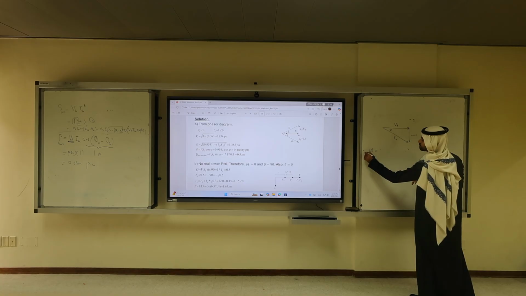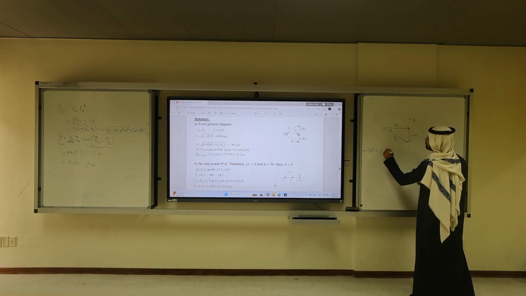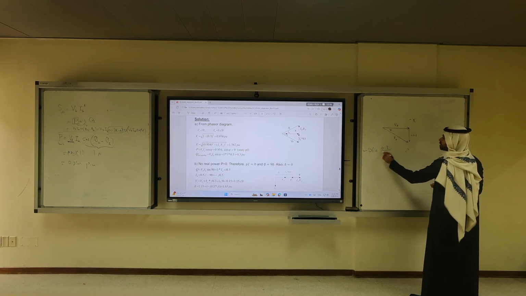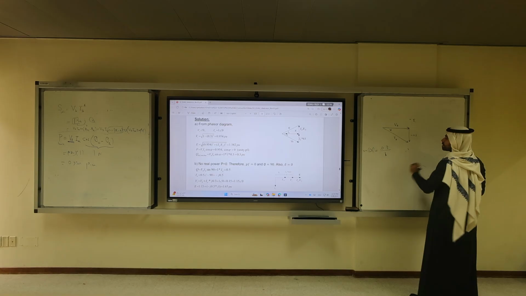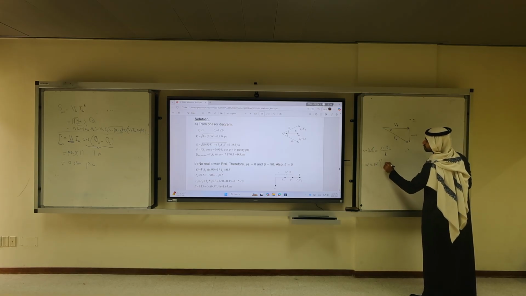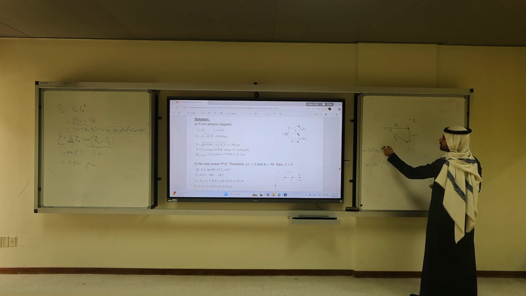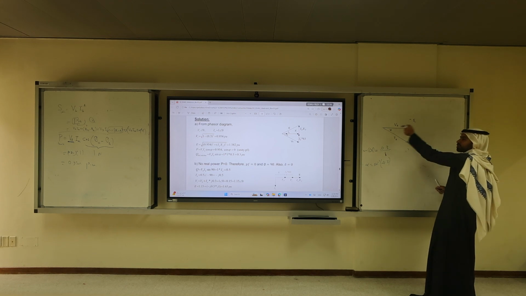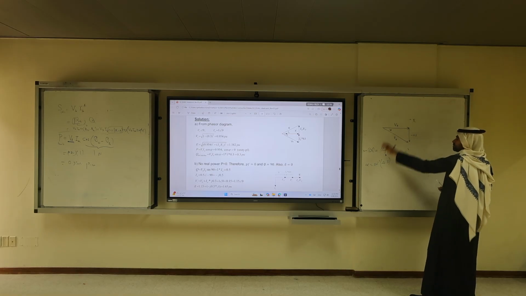What is sine of alpha? The opposite, which is 0.3 as a magnitude, over the hypotenuse. Vb is 1. So what is alpha? Sine inverse of 0.3, and we have to include a negative number because it's downward. Alpha is a negative number.